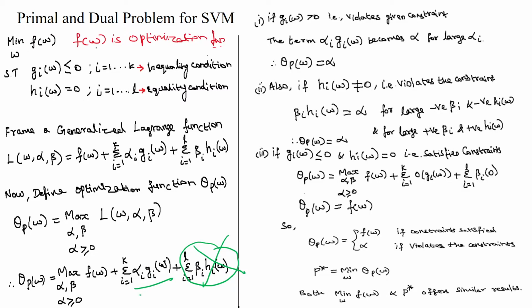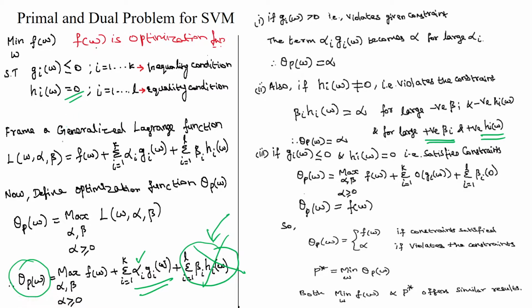Here also this term will come into the picture, and it will decide the optimization function value theta p of w. When you increase the beta value in the positive manner also, this term will keep increasing, but it should be equal to 0.